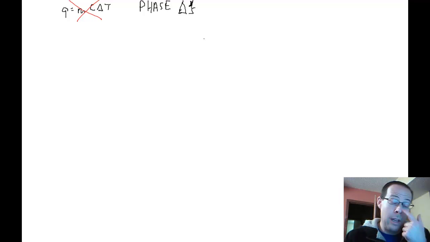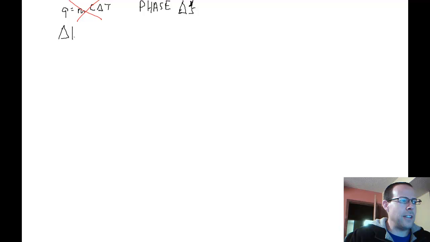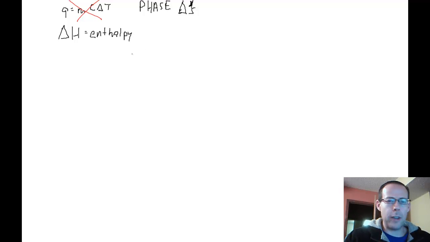Okay. So our equation for this, I'm going to introduce a new term, is delta H. And delta H, the capital H, means enthalpy. And enthalpy is just a fancy word for heat whenever pressure is constant. And essentially on the planet Earth, our pressures are normal enough in most instances that enthalpy really just equals heat.